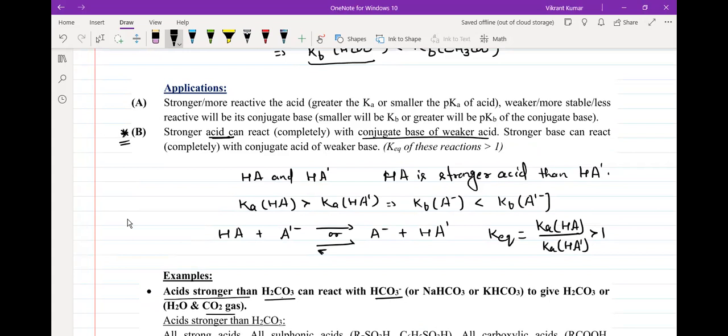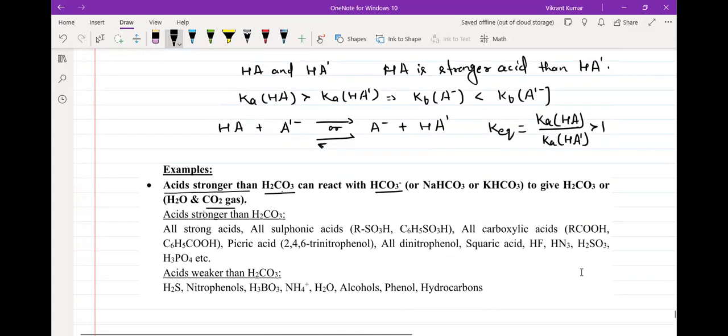Is it okay? So now, what are the acids which are stronger than H2CO3? I have given you the list.